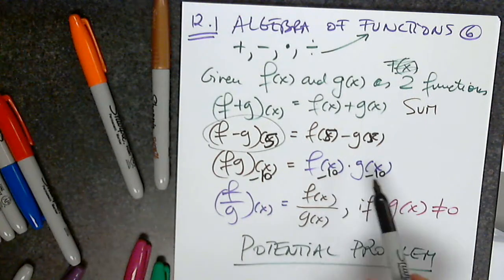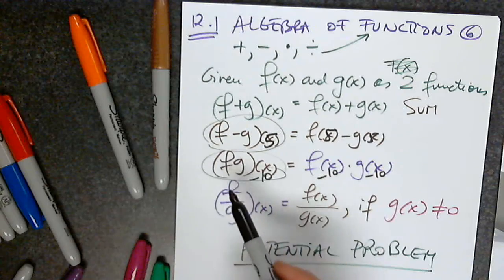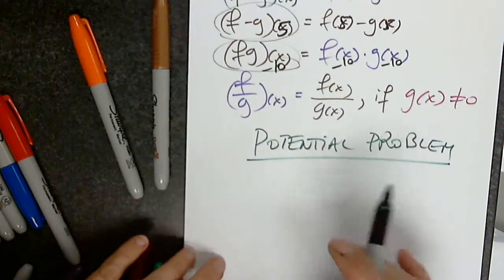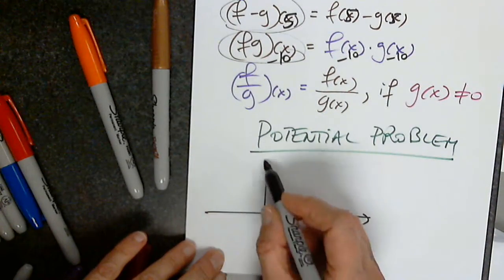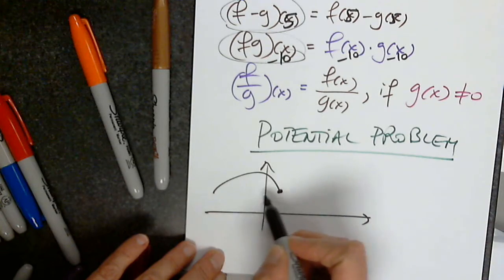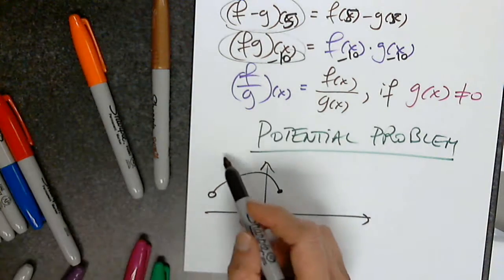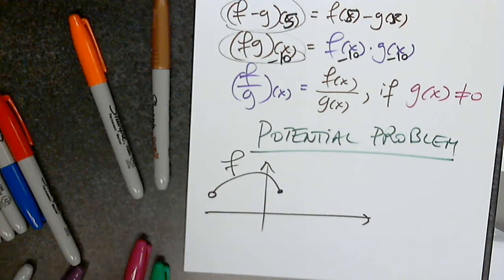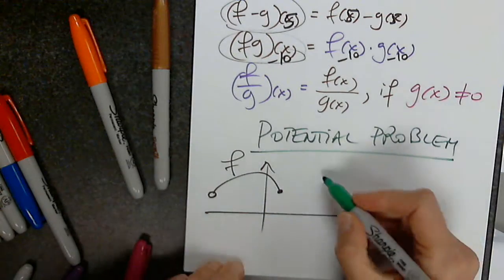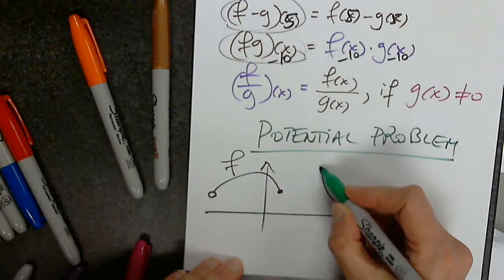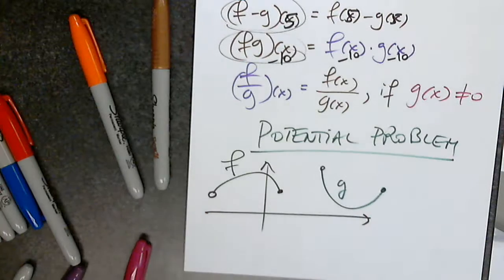Both functions have to exist at negative 10 to create this. So for example, if I have function f here, and let's say I have function g here, I cannot create any of those functions.